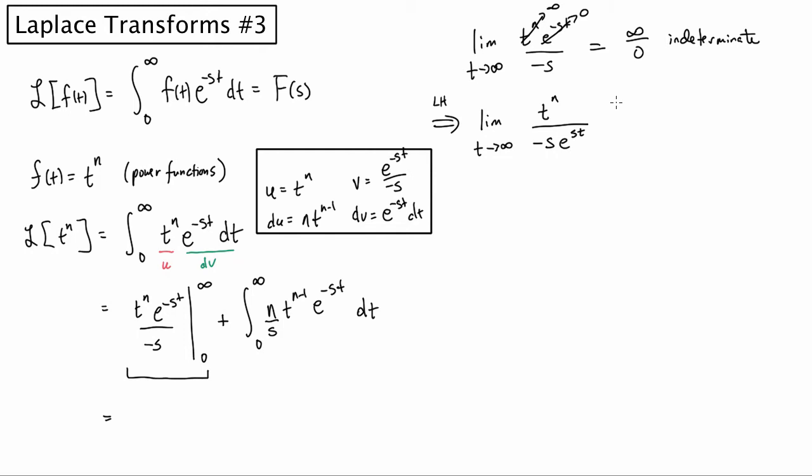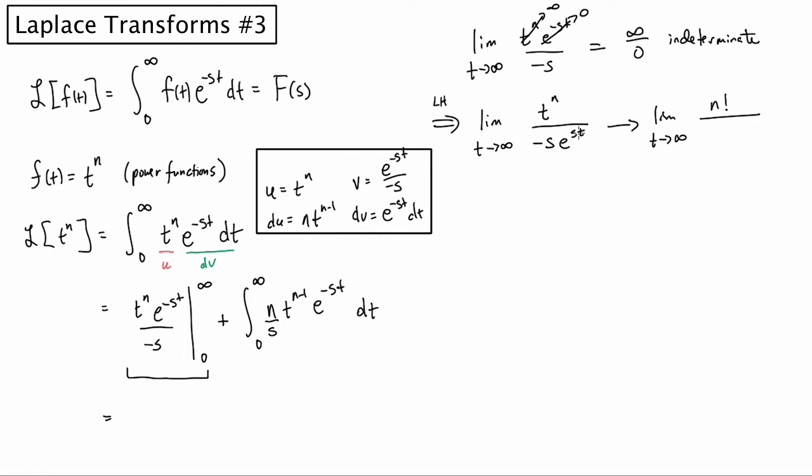If I look at that limit and start taking derivatives, then L'Hopital's rule says that I keep taking derivatives of the top and derivatives of the bottom. Eventually I'll run out of powers, but no matter how many times I take the derivative of e to the st, it's going to remain in the bottom. So eventually, after n applications of L'Hopital's rule, I'll end up with n factorial, because I'll get the power n to come down each time.